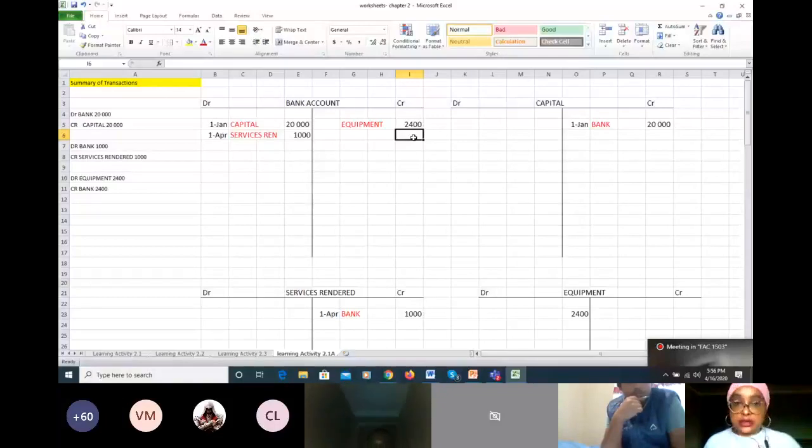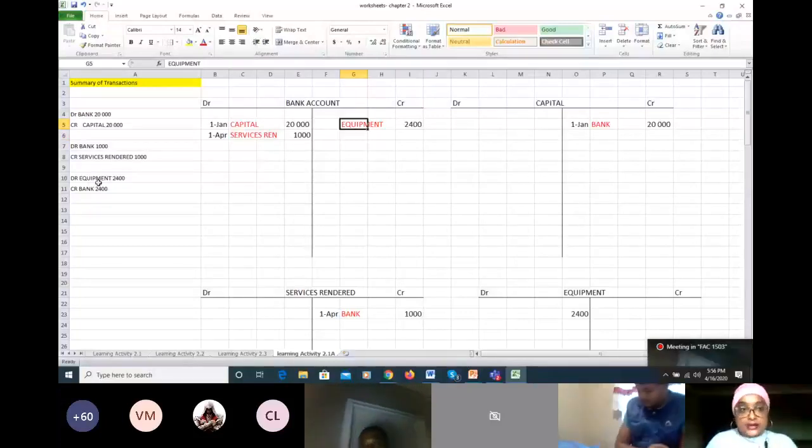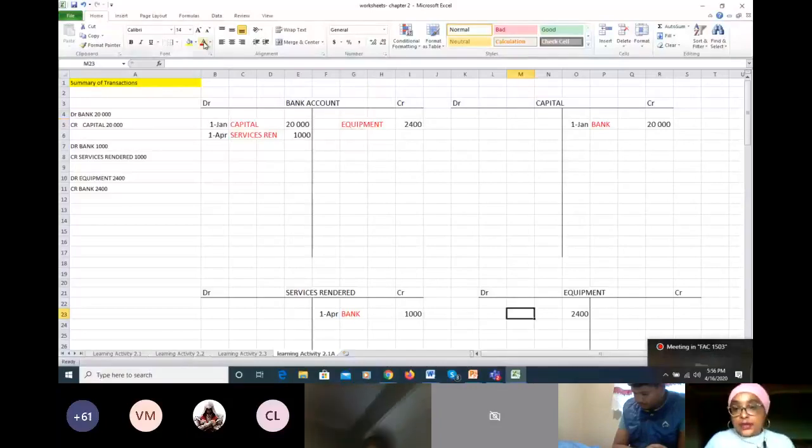Okay, let's continue because the sound's a bit better now. Okay, the 2,400, we will debit equipment. We're going to switch the two accounts, and under bank, we're going to put equipment, and under equipment, we will put bank. So now, at the end of the month, I can see what my bank account looks like.